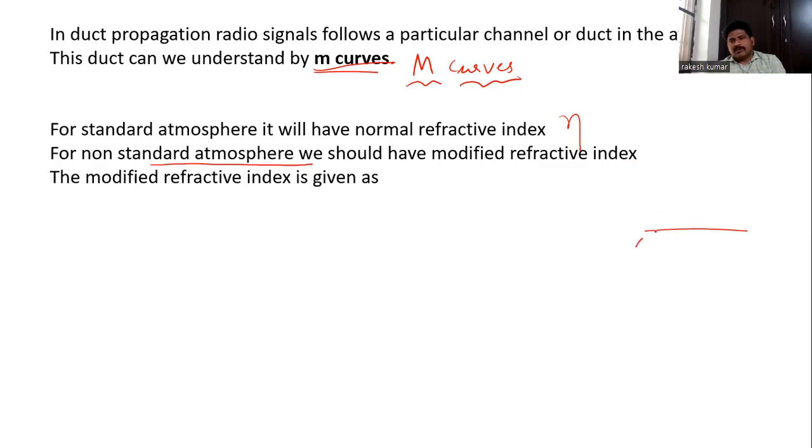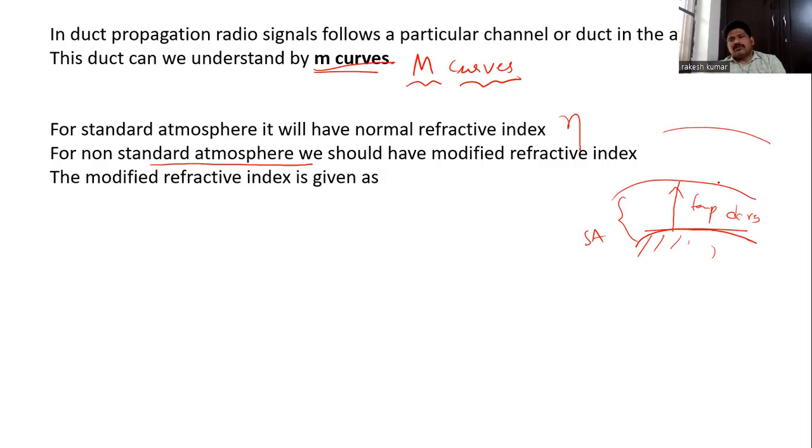Standard atmosphere: for example, this is my Earth surface, and from here to here it is standard atmosphere. As you go above the Earth surface, the temperature decreases. What is non-standard atmosphere?